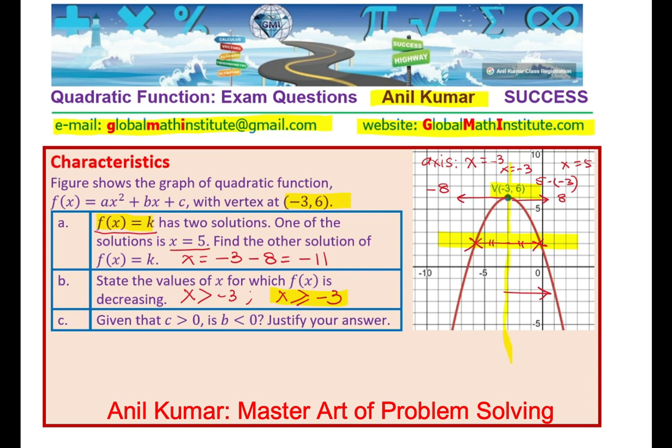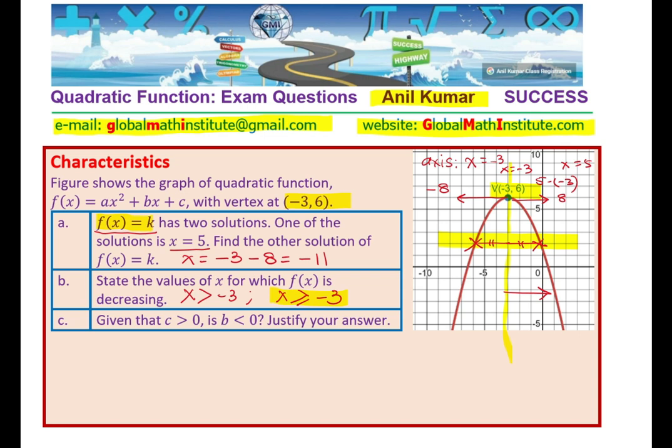Now, let's look into part C, which is: given that c is greater than 0, is b less than 0? Justify your answer. There are a couple of ways to do this. We know that the vertex is (-3, 6).